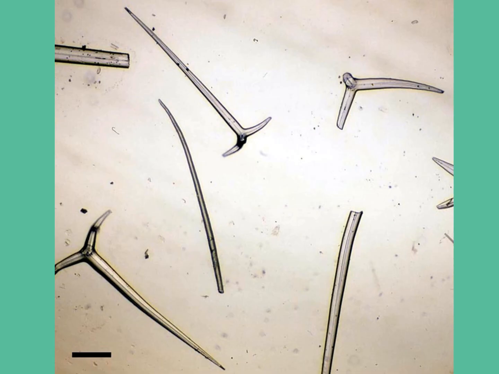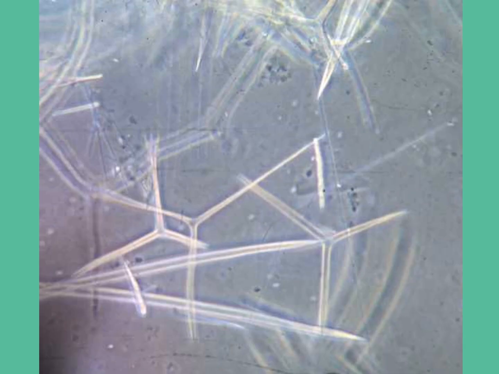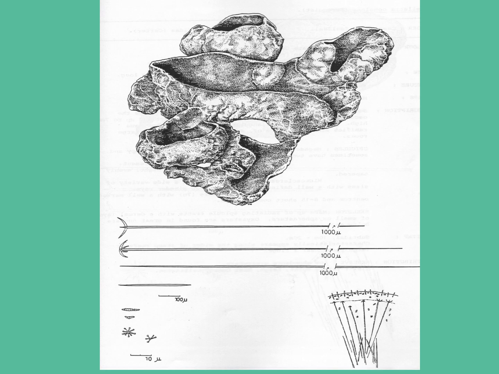Here's a micrograph of some types of spicules. There's another micrograph of them, and we can use both the arrangement, how they sit within the body of the sponge, and the different types of spicules. All of these are different types of spicules, different shapes that you'll find within the same type of sponge.